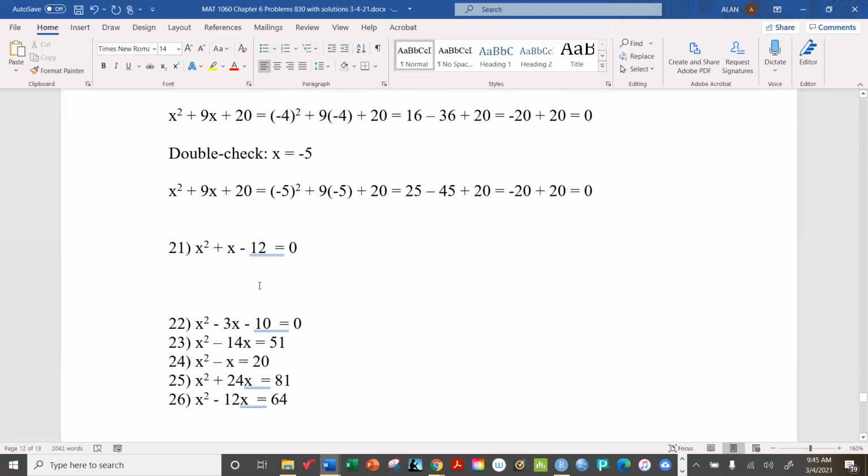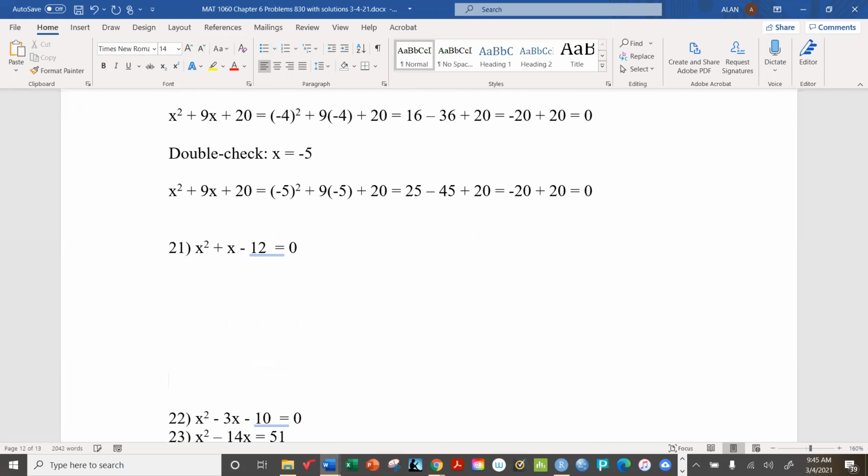All right, now how about this one? So now remember, there's an implied 1 here. We need a sum of 1. We need a product of -12.